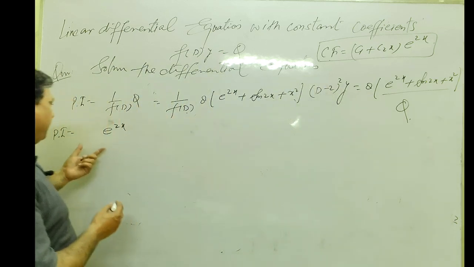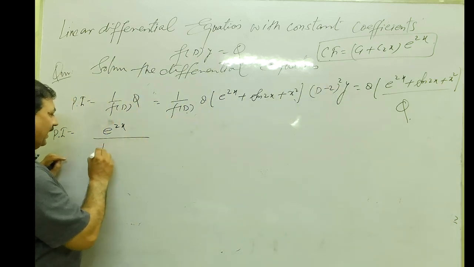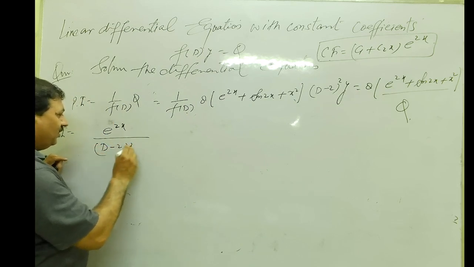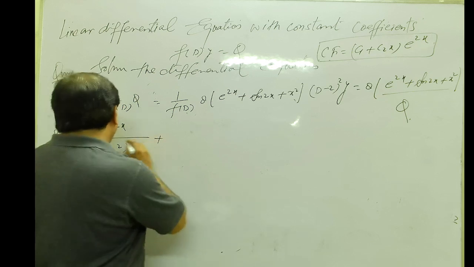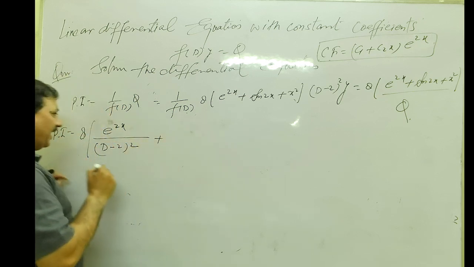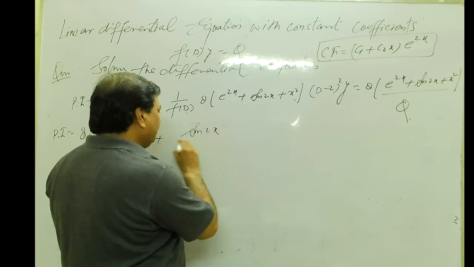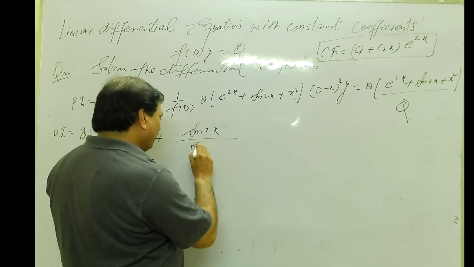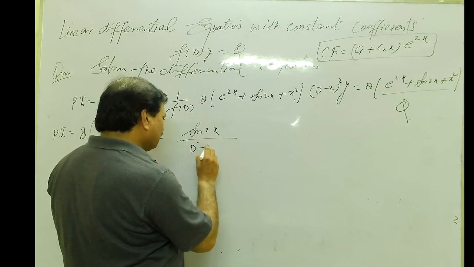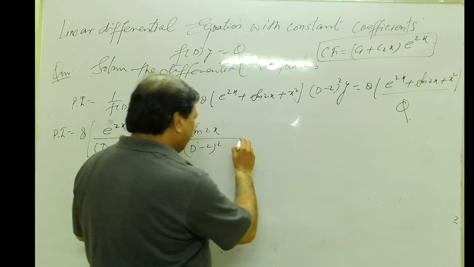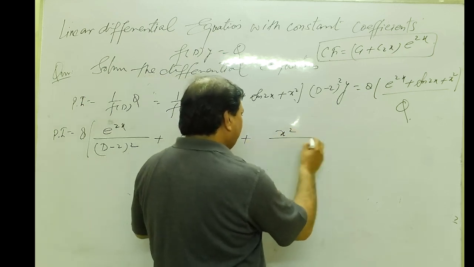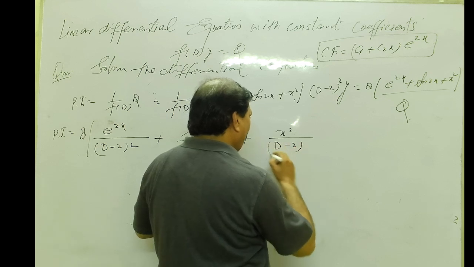That means here e to the power 2x upon (D minus 2) whole square, plus the second part, sine 2x upon D square (D minus 2) whole square, and next x square upon (D minus 2) whole square.